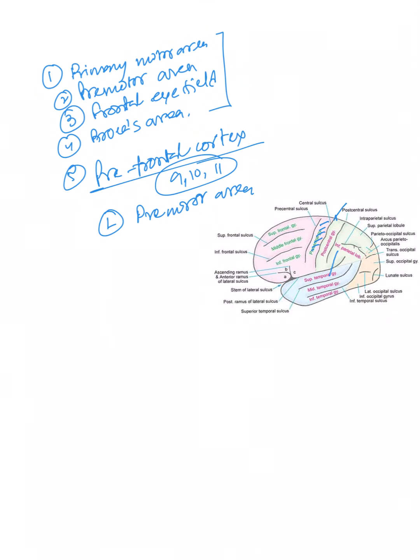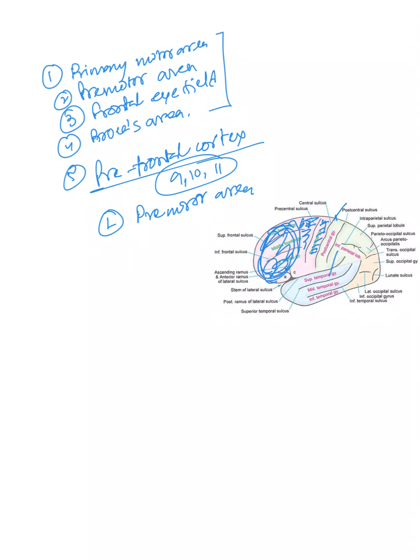This is the primary motor area. This is the premotor area, and the prefrontal cortex will be around this side. Okay. This is 4. This is 6 and 8, and this will be the prefrontal area.